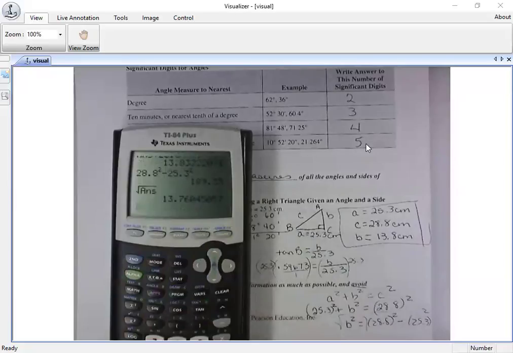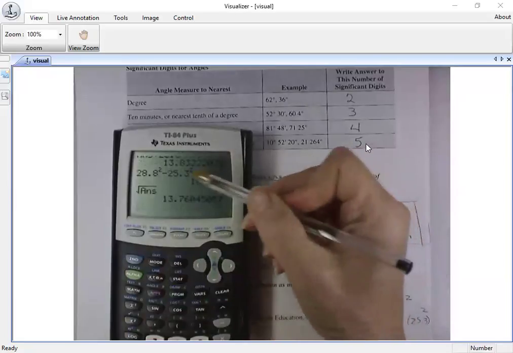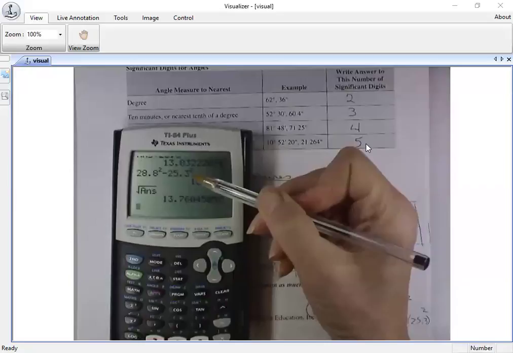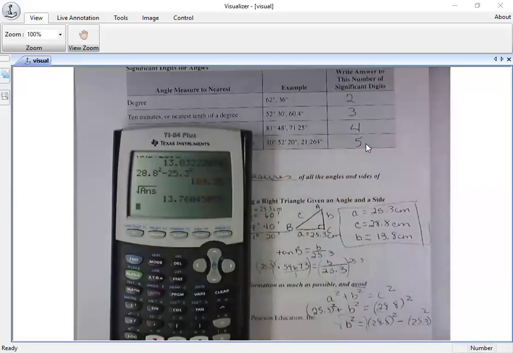Because if you had had a 4 after the 7, we wouldn't have rounded it up. If you remember, when we did this using trig, we actually got 13.83. So all I'm cautioning you on is if you use those rounded values that we found and try to use Pythagorean theorem, it's possible your answer could be off just a hair because of rounding. That's why we want to use what they provide to us if we can.